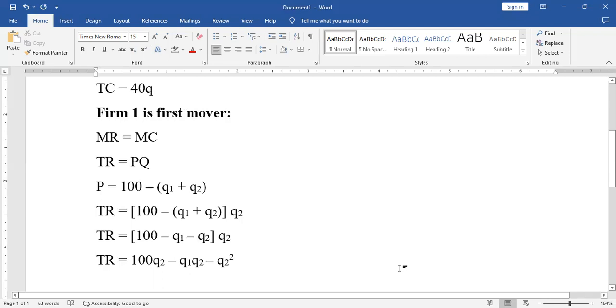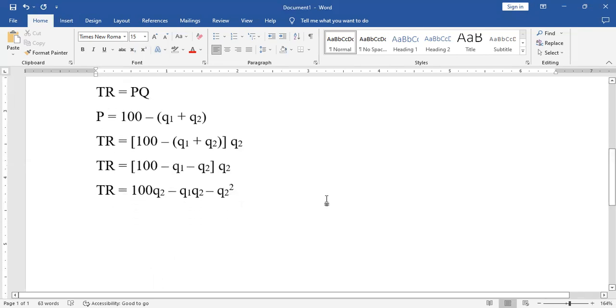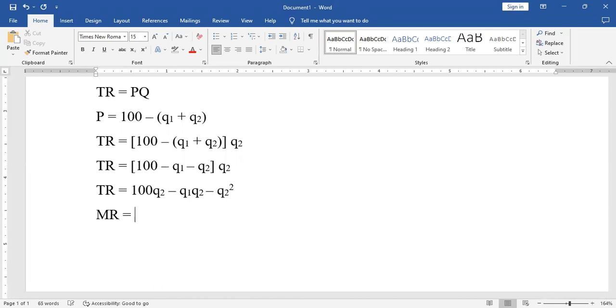Now marginal revenue is basically the derivative of total revenue. So we're going to differentiate this one to get the marginal revenue, with respect to Q2, because we're interested in the reaction function for Q2.